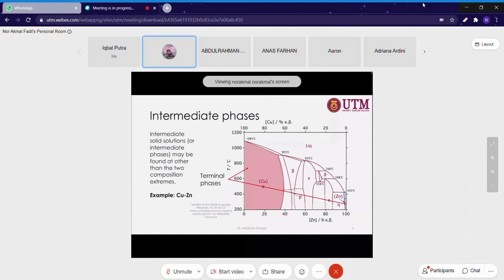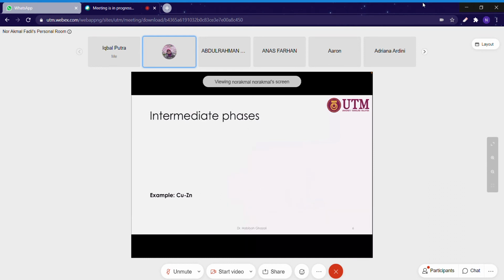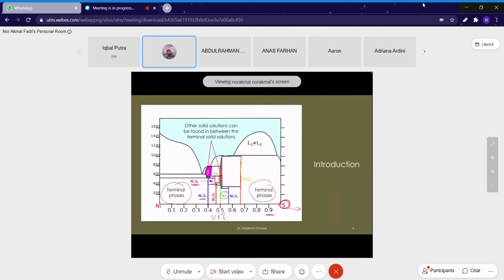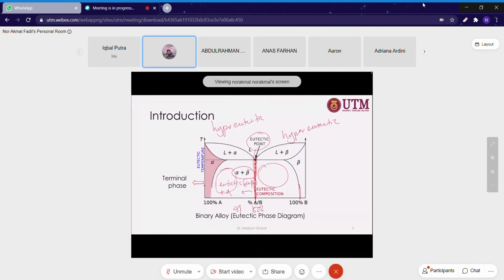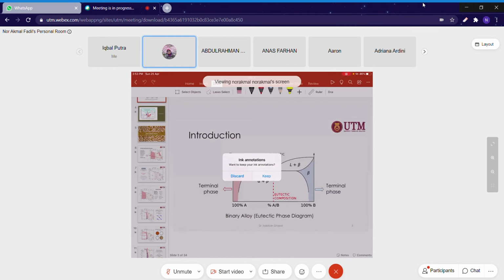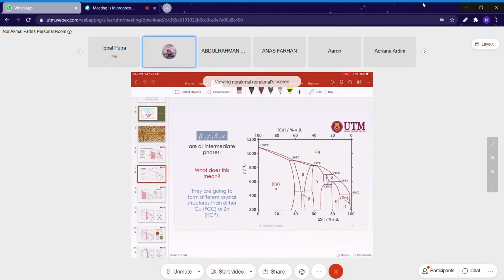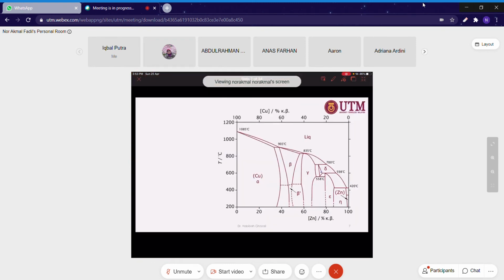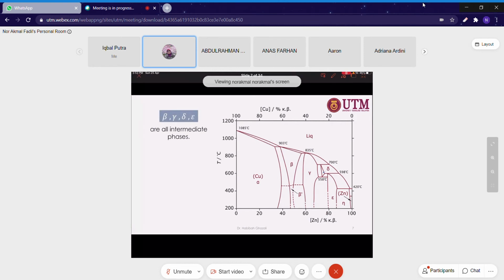If you look at the previous example, there are only terminal phases and the mixture between the two terminal phases. But for a complex phase diagram, you may see a lot of intermediate phases. In this example, we have beta, gamma, delta, and epsilon.